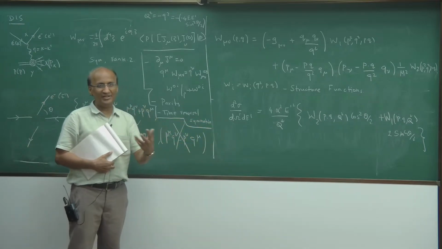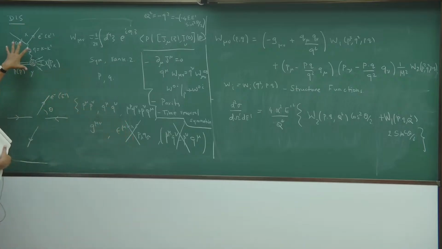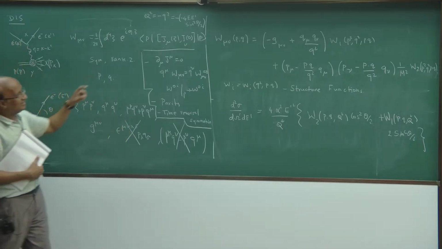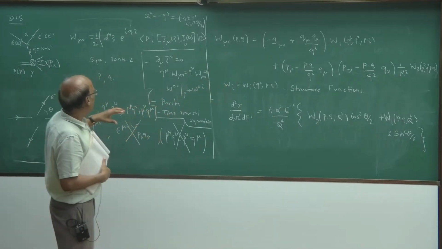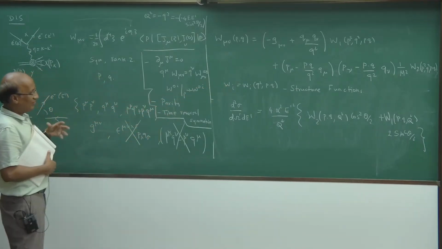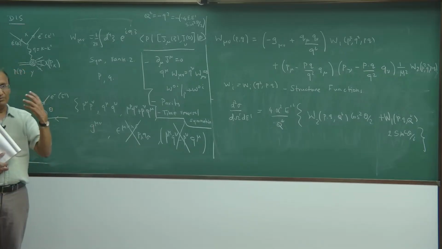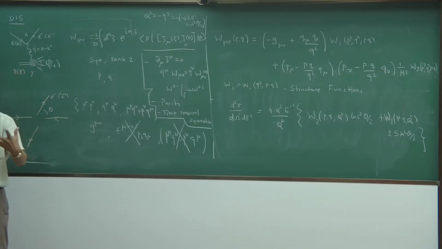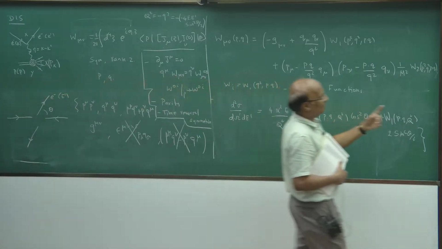That picture goes by the name Parton model. You can view this process in certain kinematic conditions, namely this Bjorken limit, as incoherent scattering of a lepton on point-like weakly interacting particles. This picture emerges very beautifully thanks to this observation.